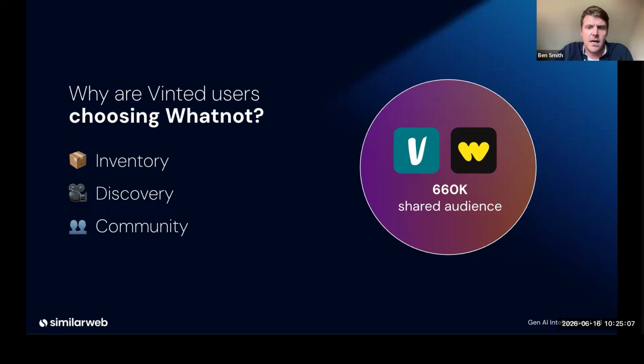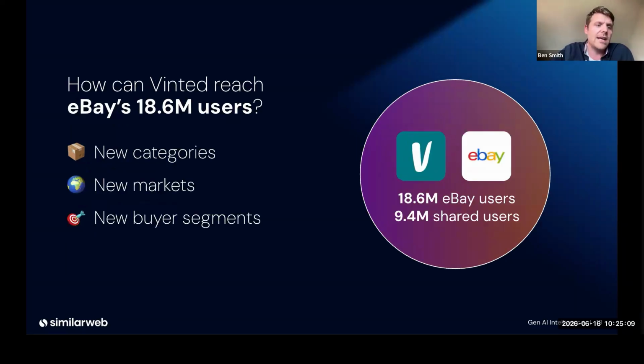So let's go on to the next slide, please. Now we're talking about, okay, how can Vinted gain those eBay users? First of all, we know eBay's strategy is an open marketplace, selling everything. Vinted started by selling clothing, and that's where they've grown.